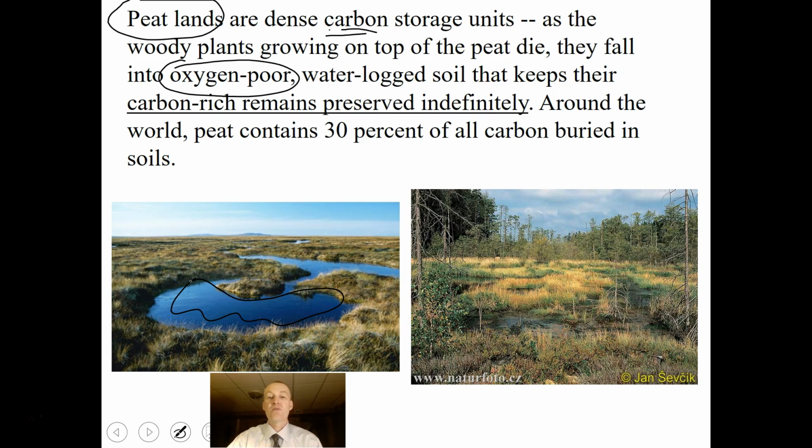They store carbon indefinitely until either the peat bog burns or people mine it and burn it or use it in some kind of agricultural reason. So around the world, peat contains about 30% of all carbon, and if we release that carbon into the atmosphere, then the atmosphere chemistry changes and we have more carbon dioxide in the atmosphere. The consequence of having more carbon dioxide is that carbon dioxide is a global warming gas. It traps heat that's being released from the land into space at night.